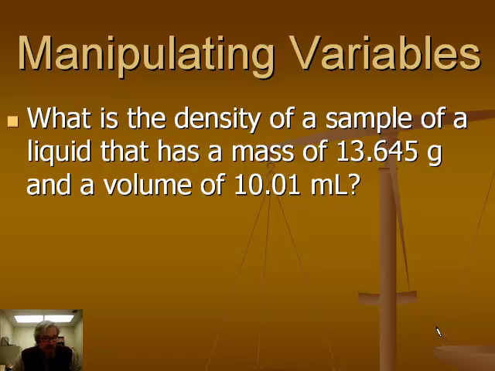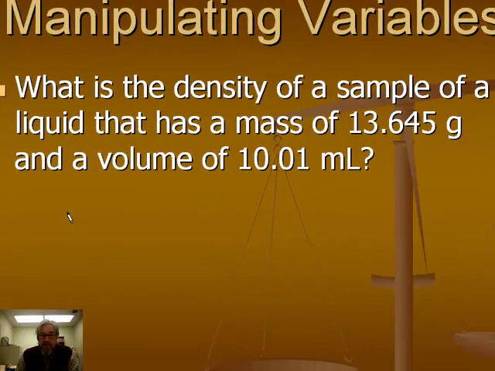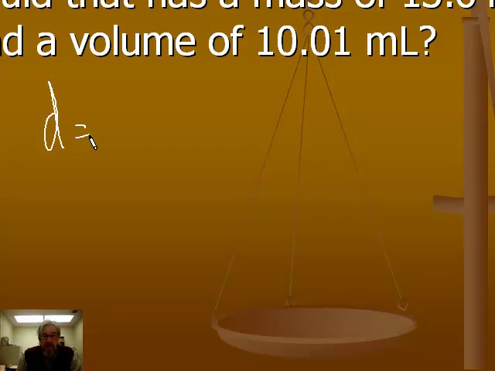Density gives us a good opportunity to see how scientists use algebra and use equations as problem-solving tools, as well as definitions. Here's a good example. What is the density, this question is asking, of a sample of a liquid that has a mass of 13.645 grams and a volume of 10.01 milliliters? Well, density, by definition, is mass divided by volume.